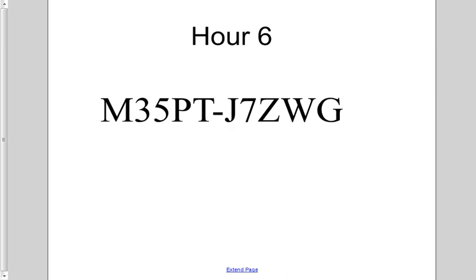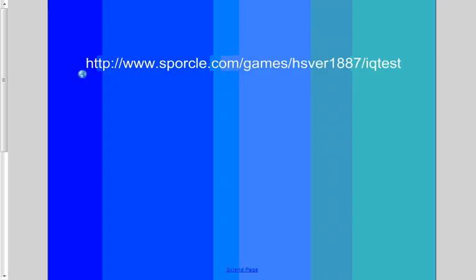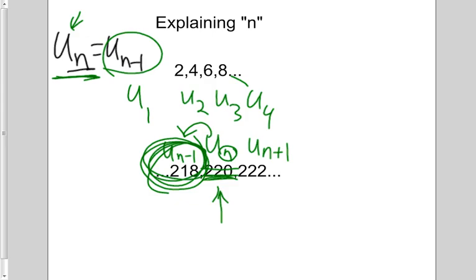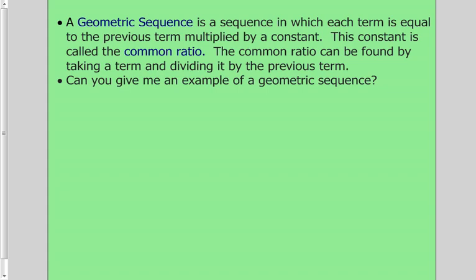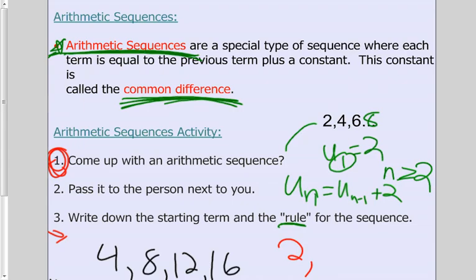Once we get farther down the line, we're just calling this u of n. So n is just some number, and then we're just looking at the number before that to get the rest of it. I shouldn't have gone all the way back here. Let's go back to where I was. Right there.